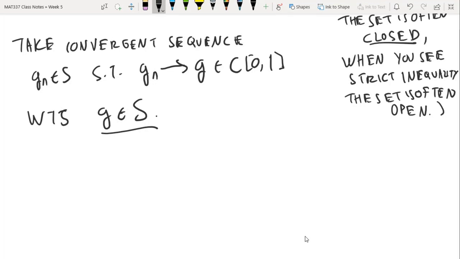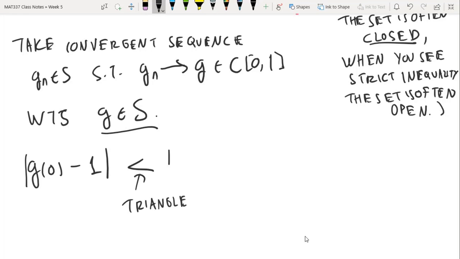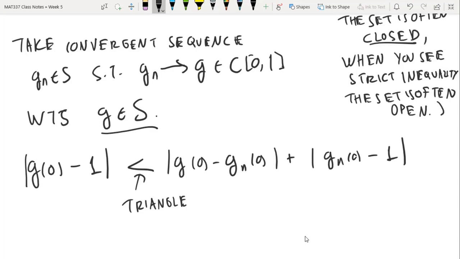In other words, we want to show that g(0) is 1. So do a triangle inequality. And you have g(0) minus g_n(0) plus g_n(0) minus 1.